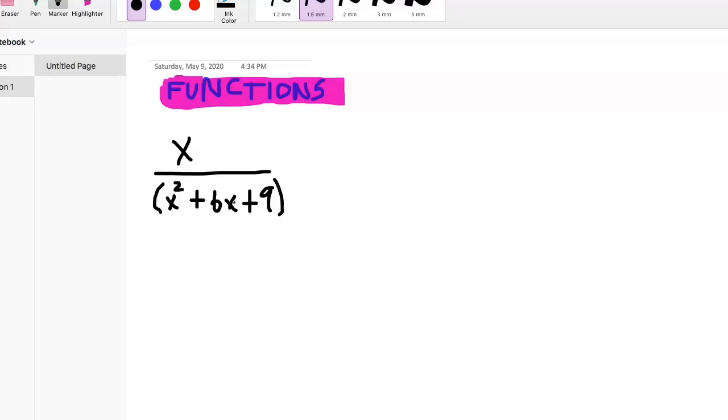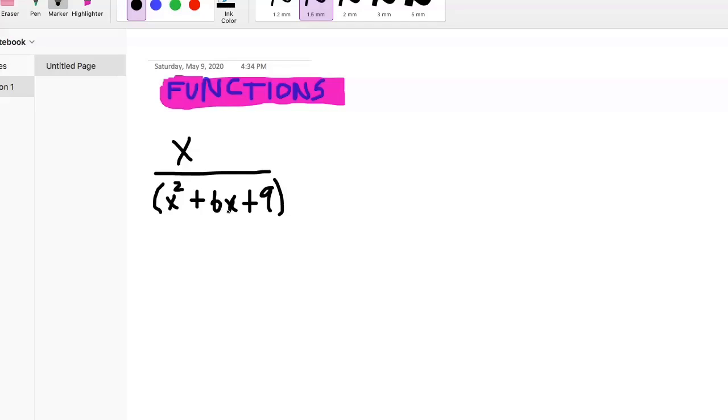Okay, and so what we have here is that any number works, but the denominator cannot be 0. The denominator is the part of the fraction that's on the bottom, that x squared plus 6x plus 9. So for any values of x, we have to make sure the denominator can't equal 0.